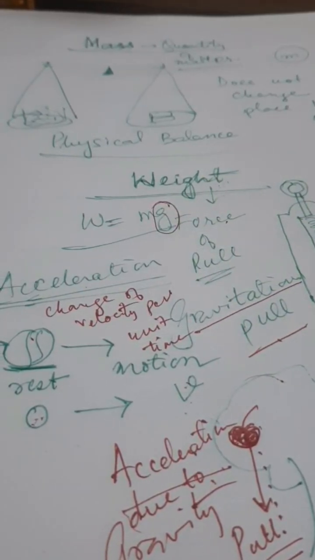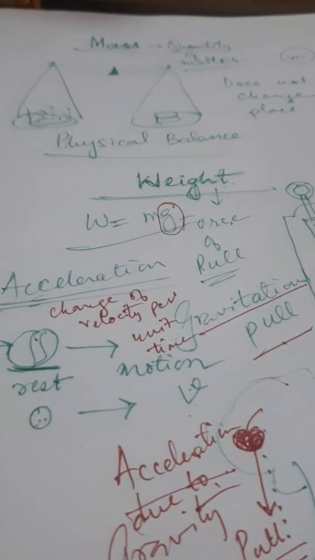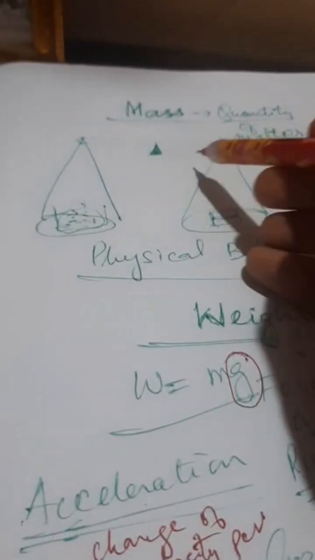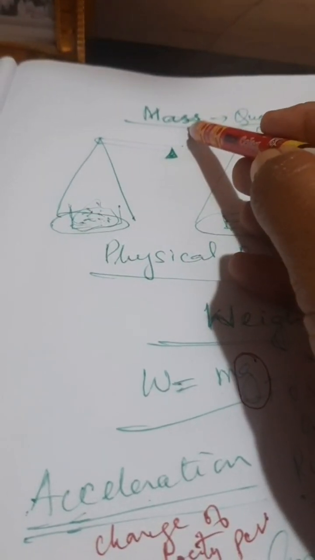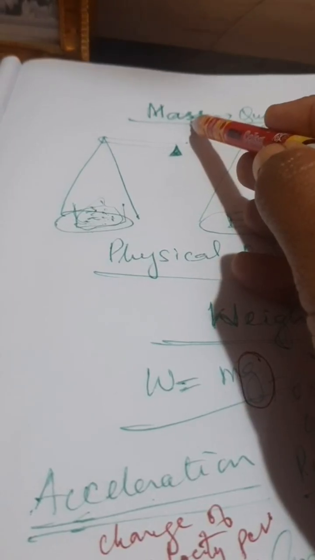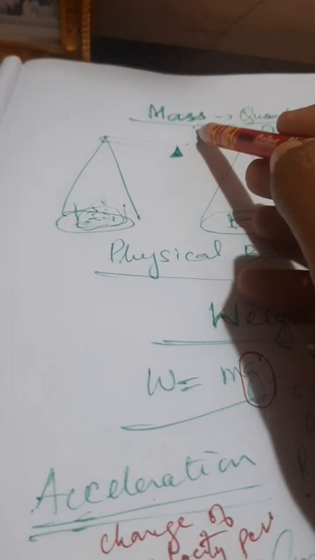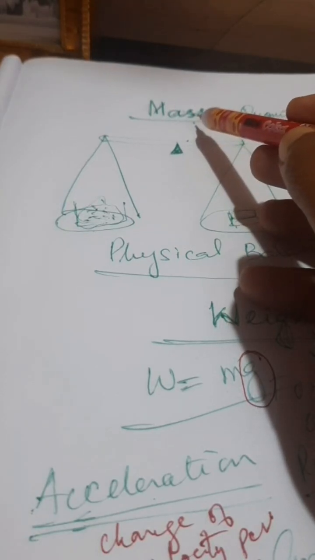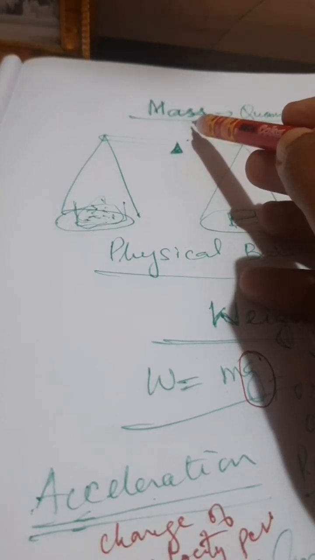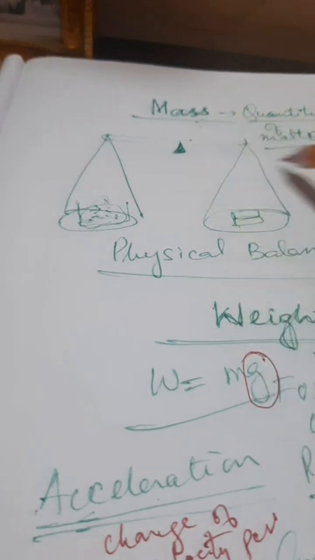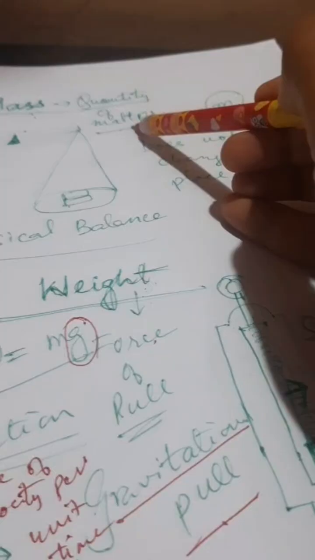And a very important thing to talk about is this mass has no direction. There is no directional property of mass. Whichever direction you want to take it, it will have the same mass, and there is no directional property for quantity of matter.